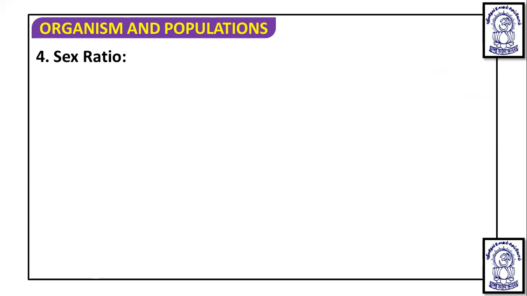Now after this, we are going to talk about the next characteristic, that is the sex ratio. It is known that another attribute of a population is the sex ratio. Now an individual is either a male or female, but a population has a sex ratio.